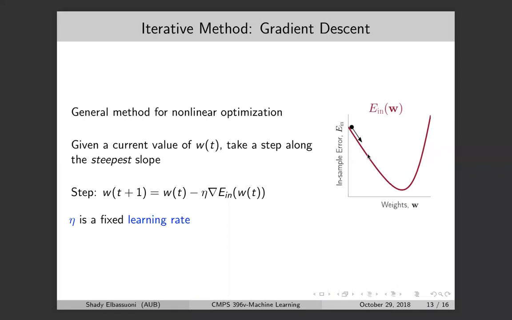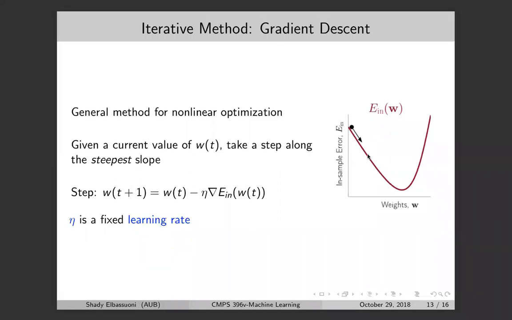Now, Ziad's question, why is this better than PLA? It's not better. It could be that PLA works on a certain data set better than this one. There are multiple models out there, and your job is to try all of them, or at least a few of them, and see which one works best.